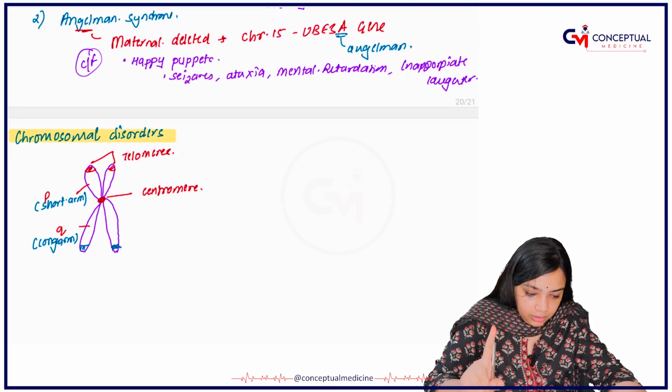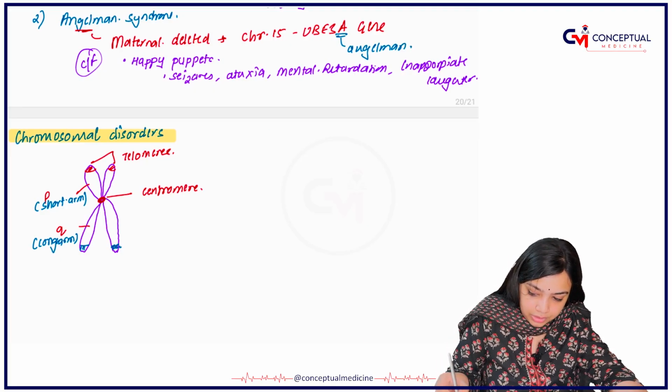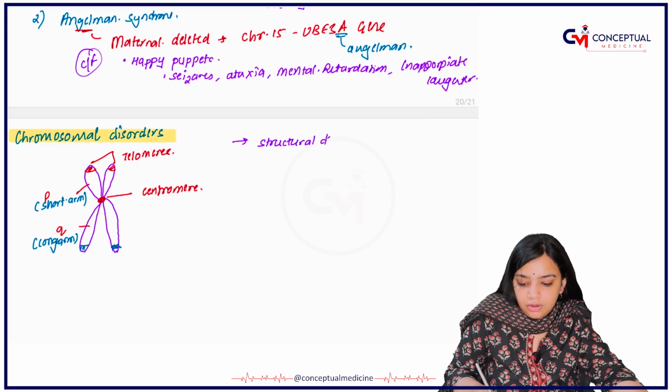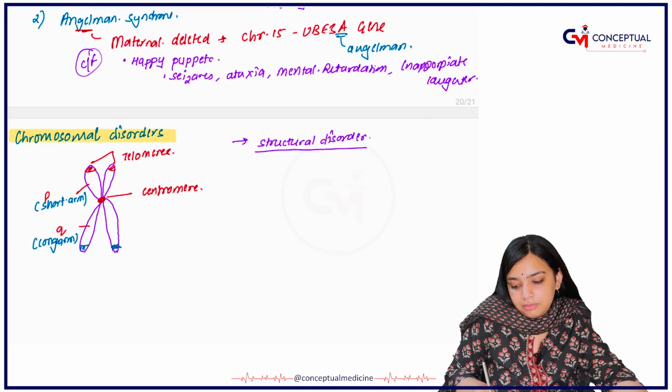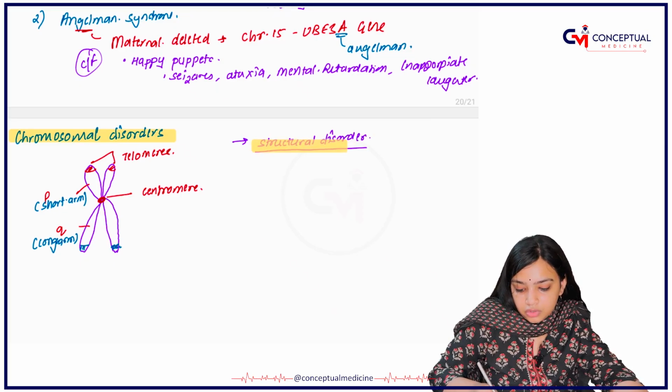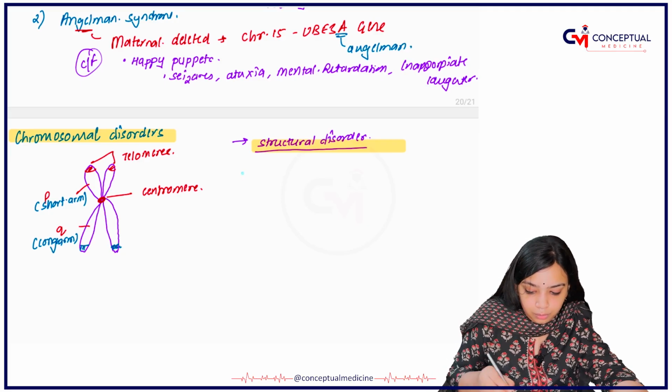Now let me tell you about the chromosomal disorders. First, we have the structural disorders. Structural disorder means something related to the structure of the chromosome. Something is happening with the structure of the chromosome.